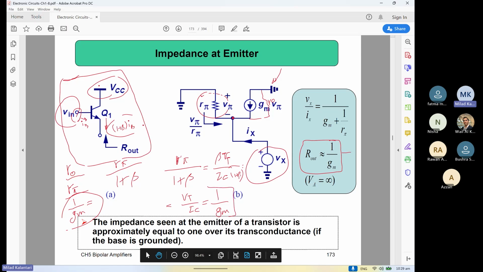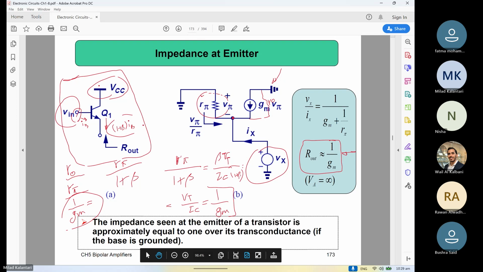So how is this good for the output stage of amplifiers? It is good, because for a voltage amplifier, we like to have a low output impedance. So here we can see that maybe this kind of configuration is good to be at the output for the impedance level.